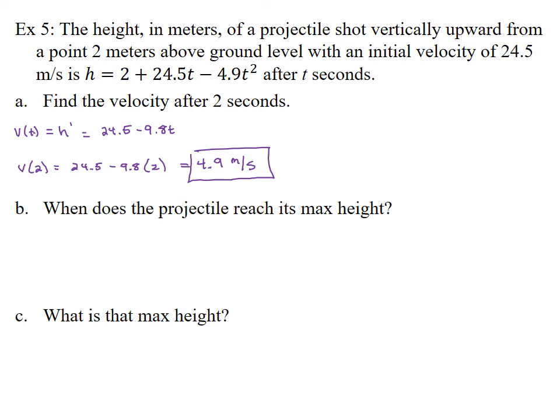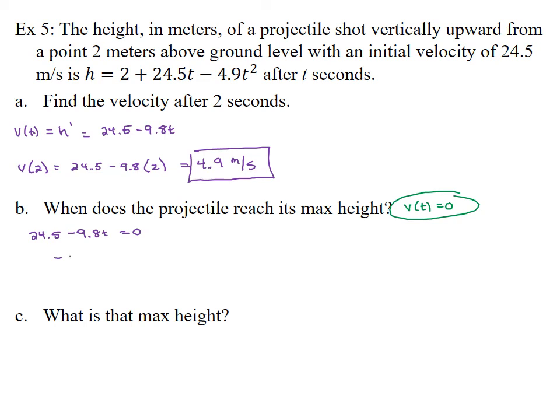So question B asks, when does the projectile reach its maximum height? Well, if we know it's being shot in the air, it's going to reach its maximum height when its velocity stops. So we've got to figure out where the velocity is equal to 0. So I'm going to take the 24.5 minus the 9.8t, which is my velocity function, and set that equal to 0.